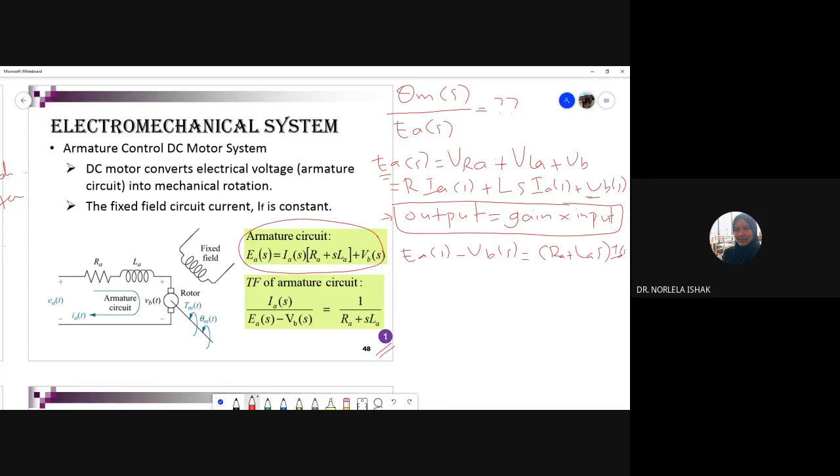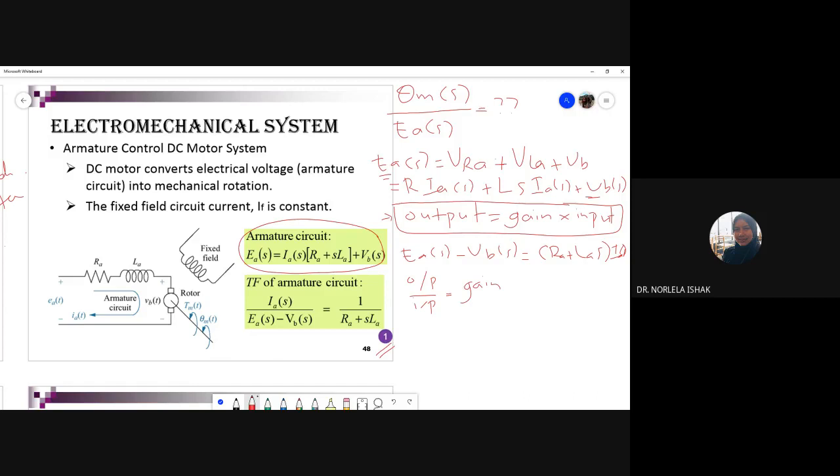And over A. Is it correct like this? So what is your output? What is the transfer function? Output over input, right? So output over input equal to gain, or equal to the resistance plus the inductor.